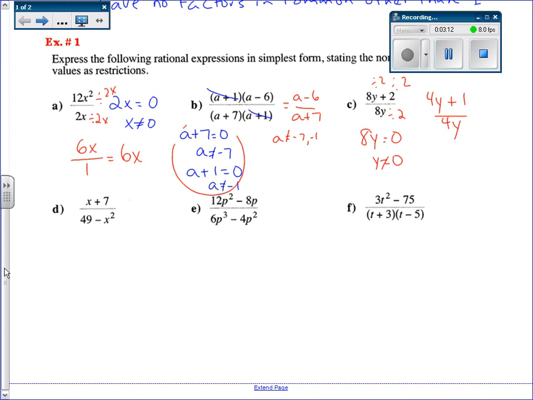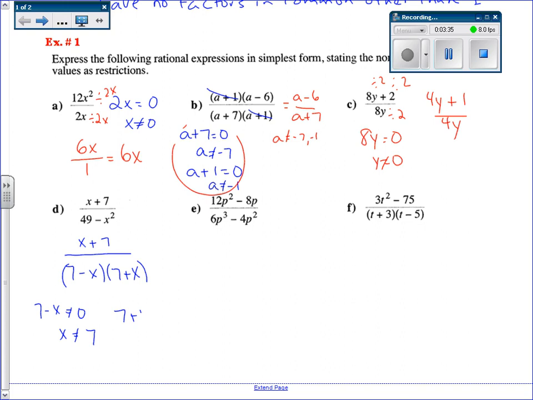Okay, this is a difference of squares. And so we have to write it out in its factored form first. We're going to have 7 minus x times 7 plus x. So that means 7 minus x cannot equal 0, so x cannot equal 7.